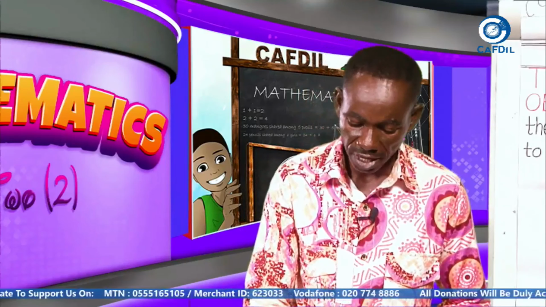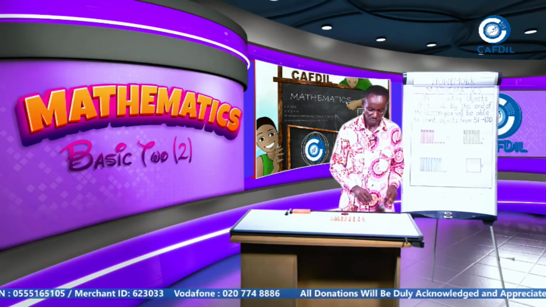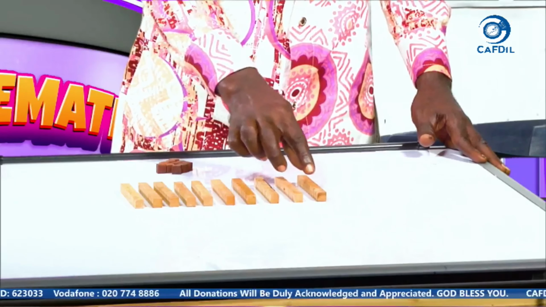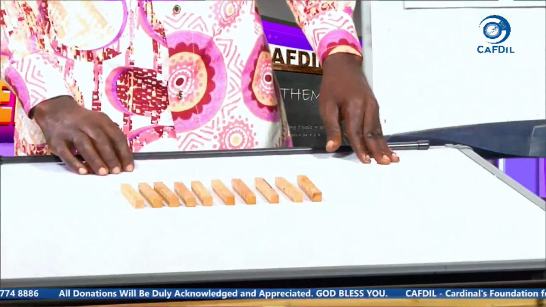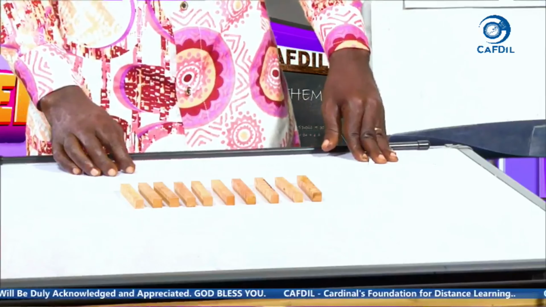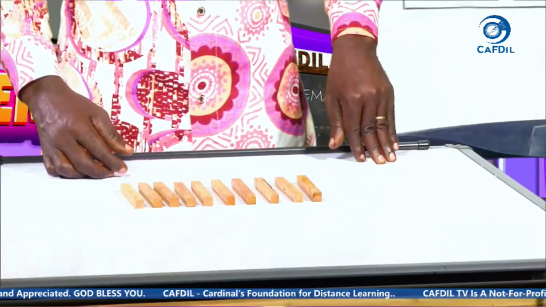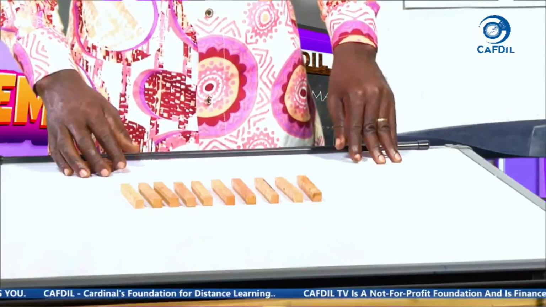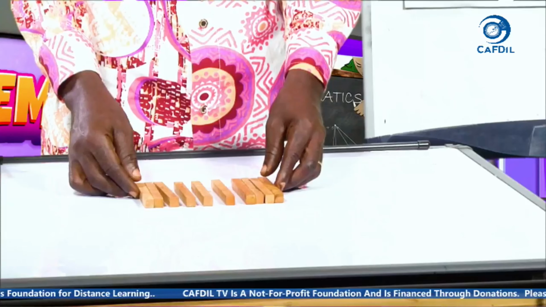So I'm replacing the 10 cubes with just 1 long. All right. Now that I have 100, let's put the longs together.